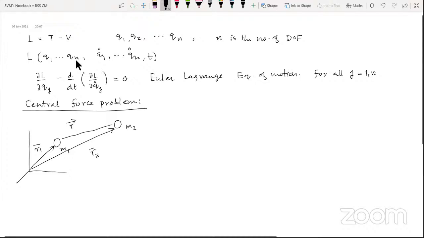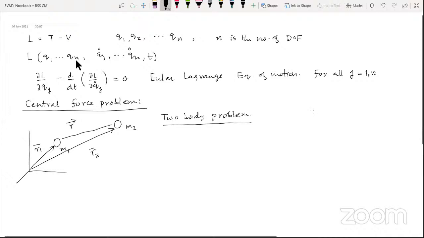This is what is called a two-body problem. I'm not going to show it, but I'm going to state that this two-body problem can always be reduced to an effective one-body problem.